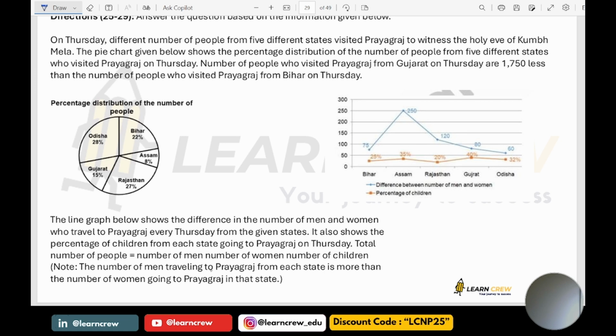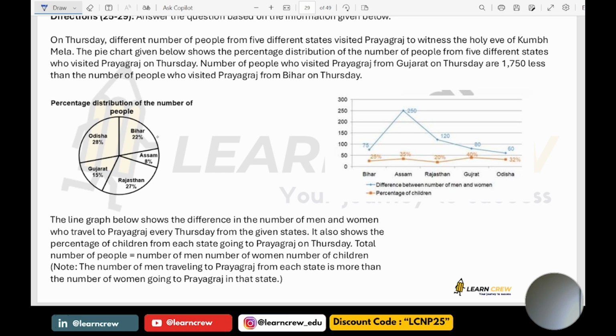The number of men traveling to Prayagraj from each state is more than the number of women going from that state. Please see here. Now here something is given. Percentage of children is what? Orange. Difference between number of men and women is blue.